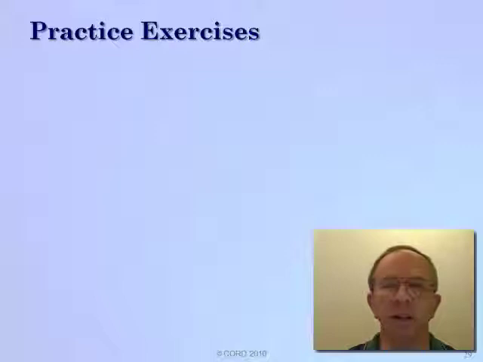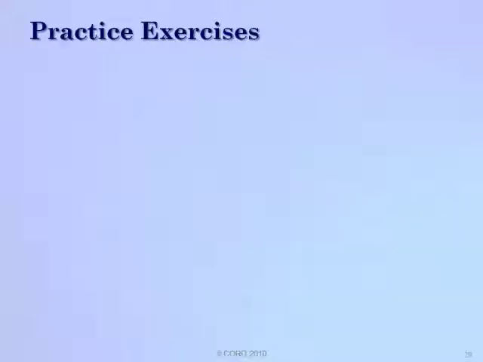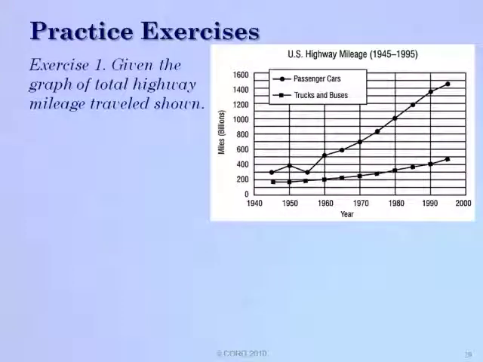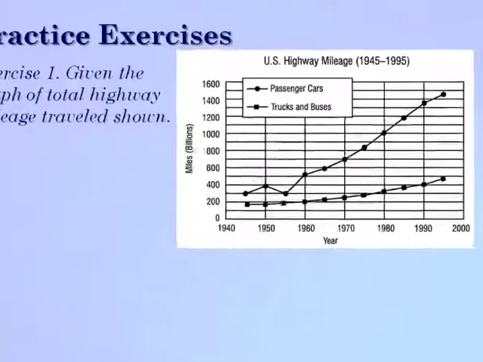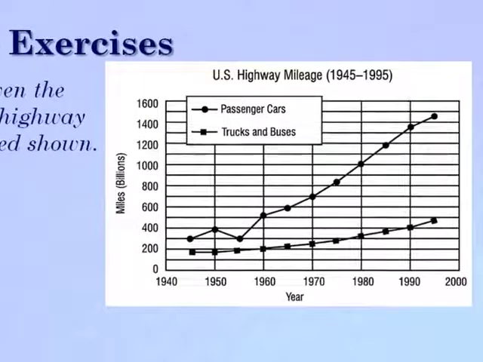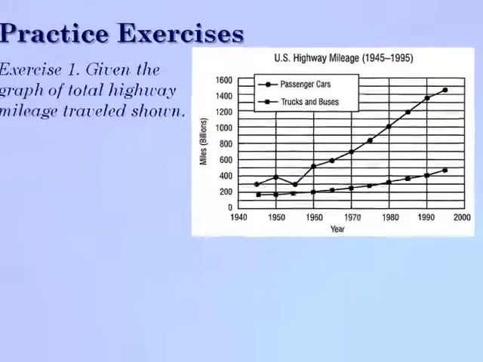All right, so let's take a look at some of the practice exercises. This is your chance to build up your confidence and to see some real-world scenarios of problem solving with graphs and rectangular coordinates. The first one is given a graph of total highway mileage as shown here. You're going to be practicing reading some graphs here.